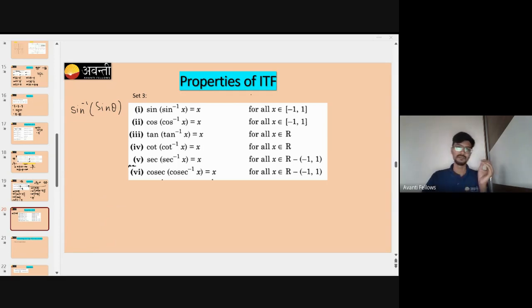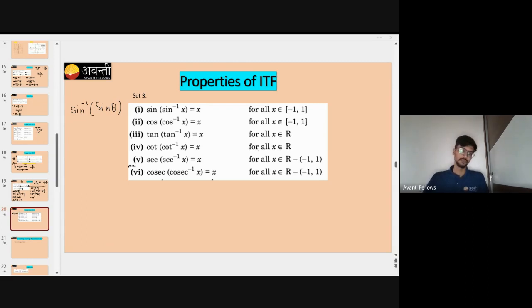But just I want to mention, if this comes, again, x should be in the domain, which is very simple: -1 to 1 for sine and cos, all real for tan and cot, and for sec and cosec everything except from -1 to 1.